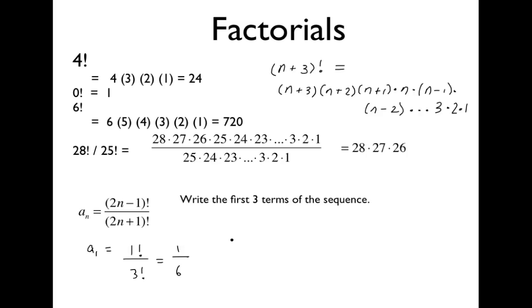Manuel, did you do the second term of the sequence? No, I didn't. Okay, let's do it together. So when n is 2, what do you get? A2, the second term of the sequence. 6 divided by... Where'd the 6 come from?